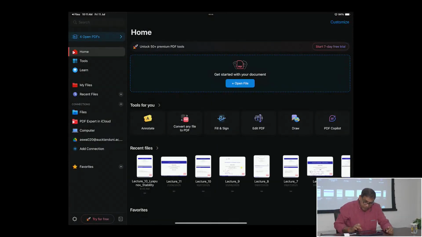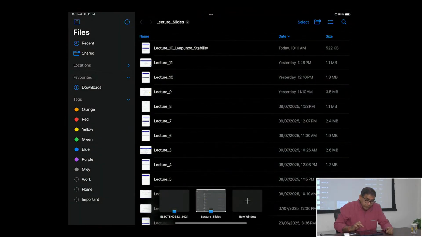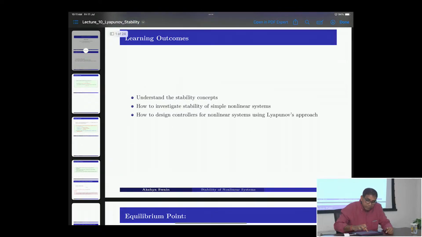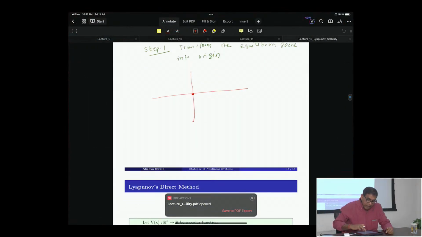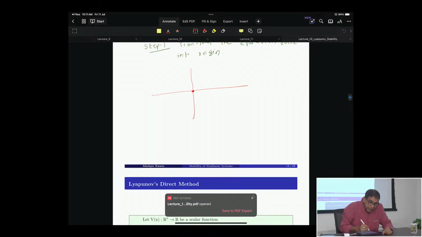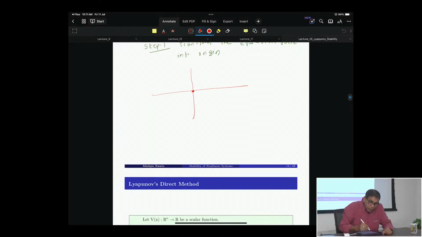The linearization method will tell you whether the system is stable if it operates within a small region. Lyapunov stability is different. It is the origin, no doubt about that.